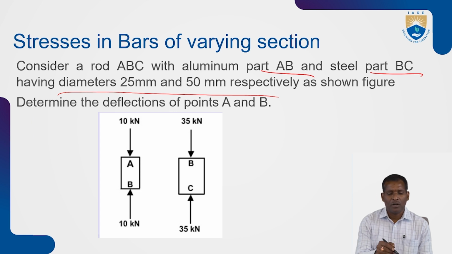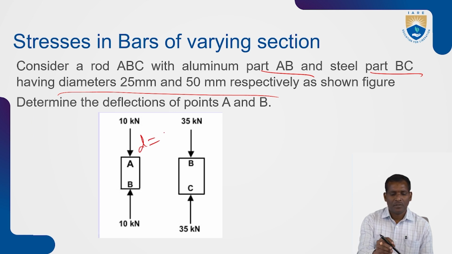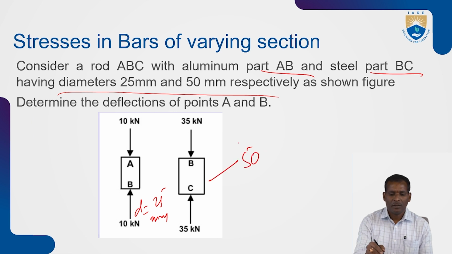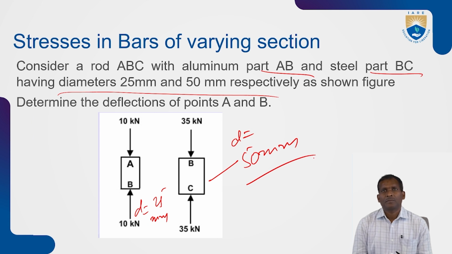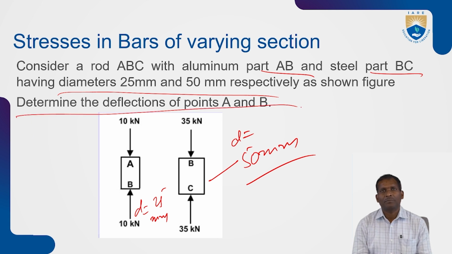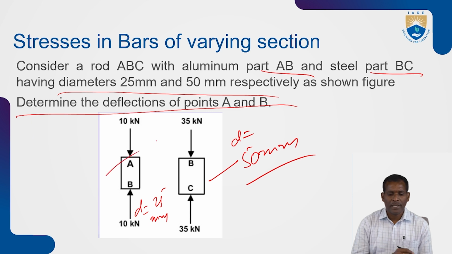The first diameter is 25 mm and the BC diameter is 50 mm, as shown in the figure. Determine the deflections of points A and B. What is the deflection at point A and what is the deflection at point B?